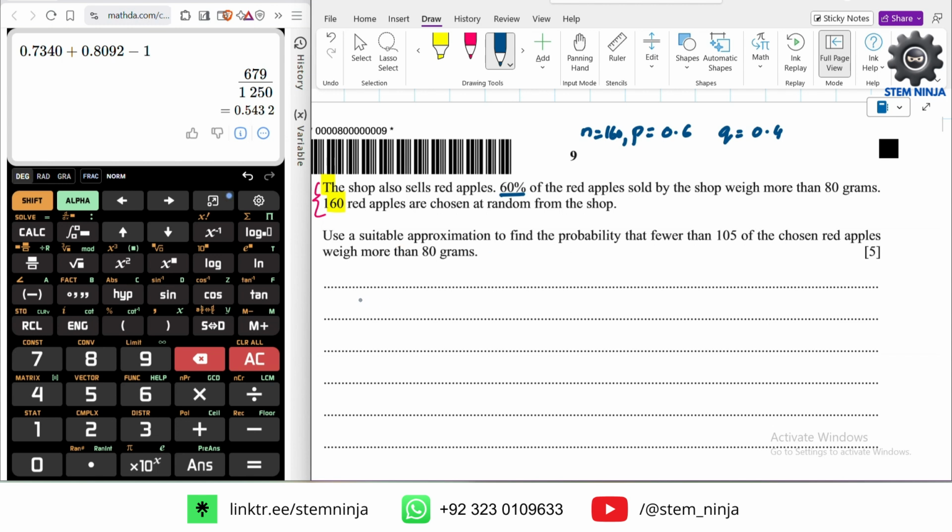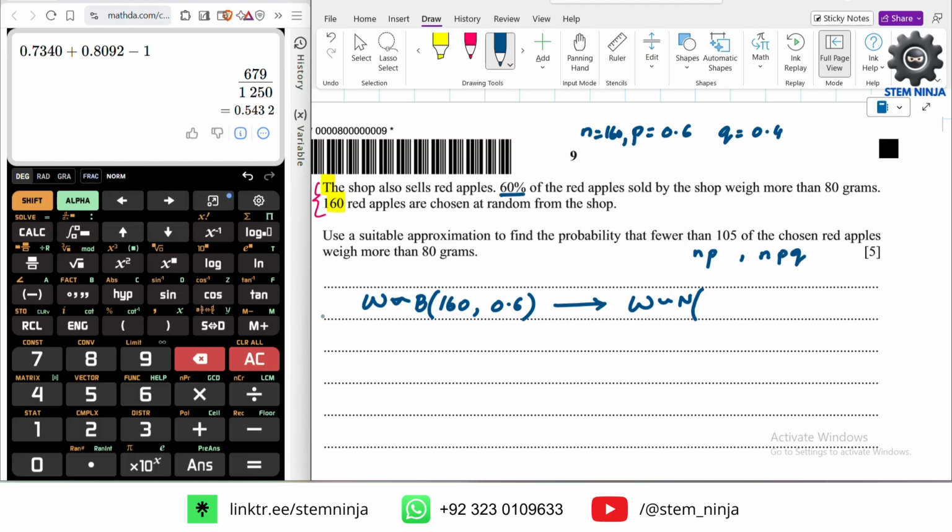So we need to approximate it. So first we have binomial distribution, n = 160, p = 0.6. We then approximate it to normal distribution. So normal, remember, mean is np and variance is npq.